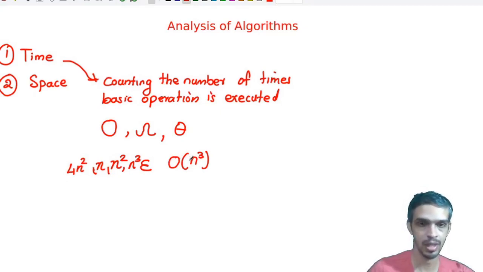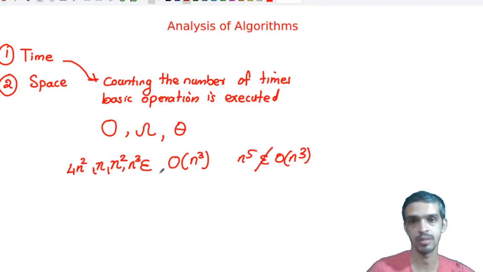So, those elements which are below n cube, including n cube. But it is wrong to say that n raised to 5 is an element of O of n cube, since n raised to 5 is bigger than n cube. So, this is not an element. This sign indicates element of a set.